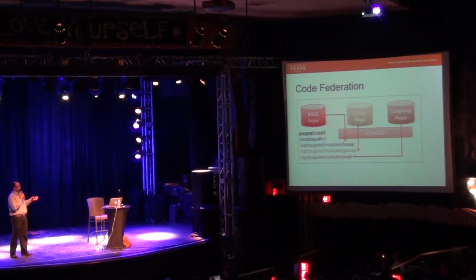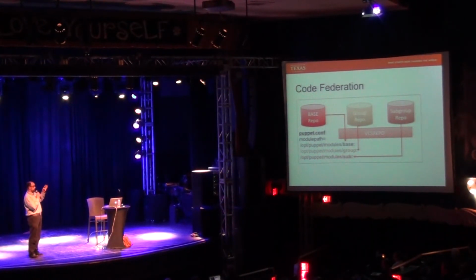Each segment is independently pulled from a particular repo. This way, we can code at the base level the modules we need to, and the groups and subgroups can also code their own modules without having to go through us. This federates access to being able to code their own things, which has been handy.